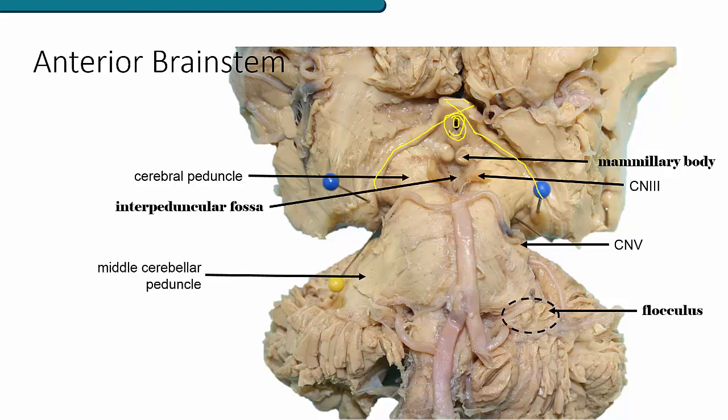We have a middle cerebellar peduncle. And this is going to be how information gets from the motor association areas, the premotor areas, sends white matter tracts down to the pons, and then that information is going to enter into the cerebellum through this huge middle cerebellar peduncle that we can see on either side.